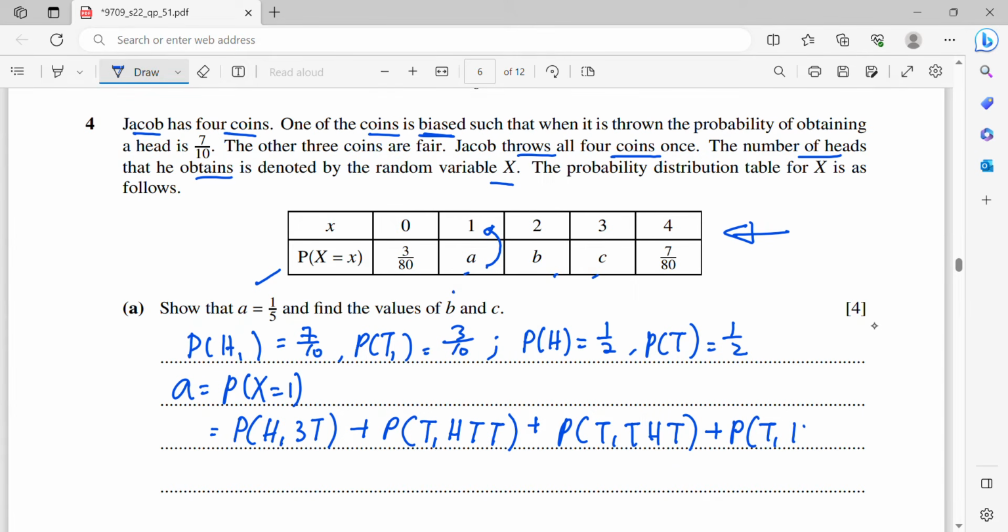So when H1 means that 7/10, then 3T means half to the power of 3, because each coin has the same probability, so you multiply by 3 times. Or T1 is 3/10, then HTT is basically half, because here half, here half, here half. So half to the power 3. And the next one is also the same. You can add 3 times, or you just directly times 3. It's up to you. So I will just times 3, because these 3 probabilities are the same.